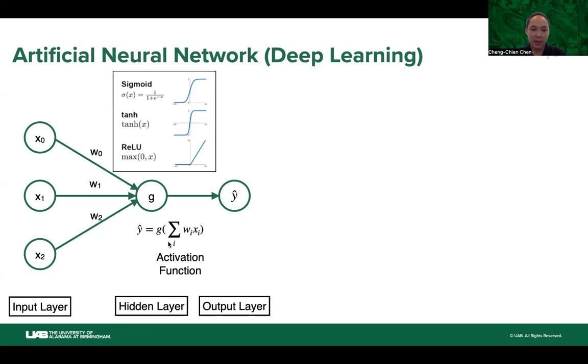What our hidden layer does is make a nonlinear transformation through a so-called activation function, and this function can be, for example, sigmoid, tanh, or ReLU, as shown on the right-hand side. The main point is to introduce some kind of nonlinearity to the system. Finally, after this nonlinear transformation, we can make an output prediction. This is one of the simplest artificial neural network architectures, and you can see linear regression plays an important role here.